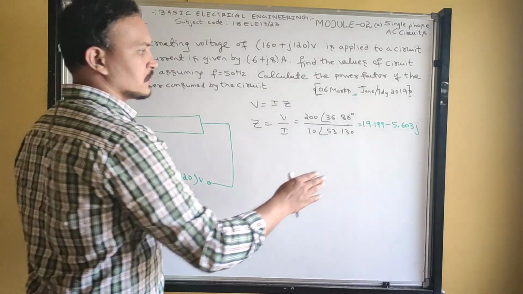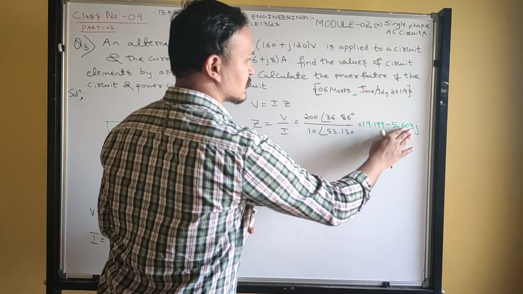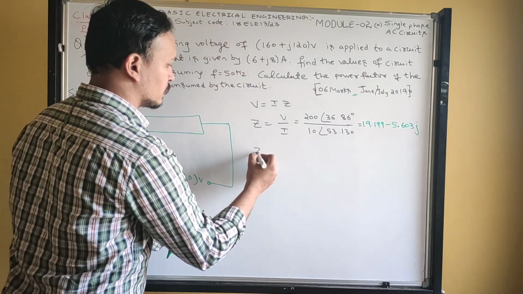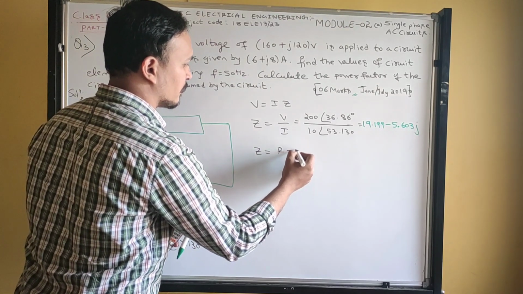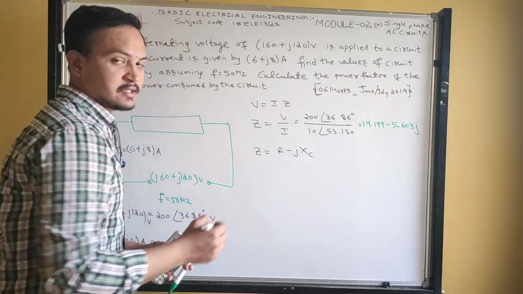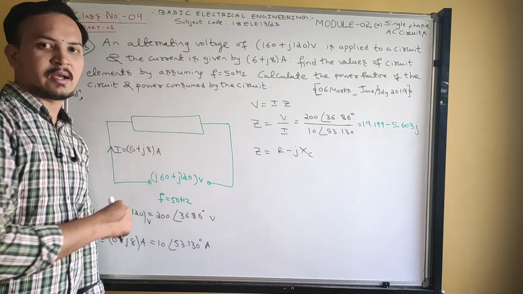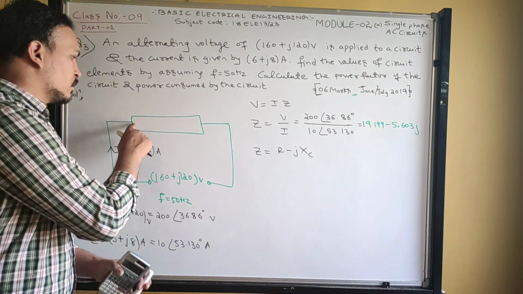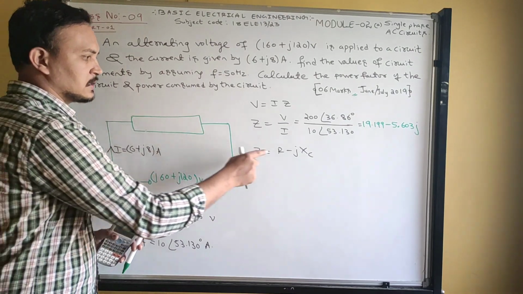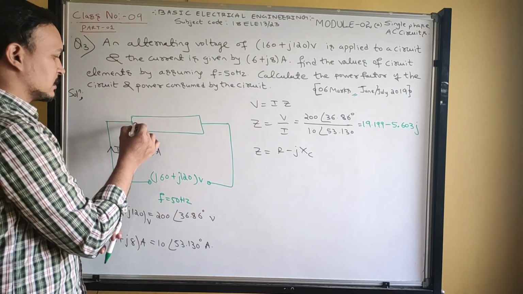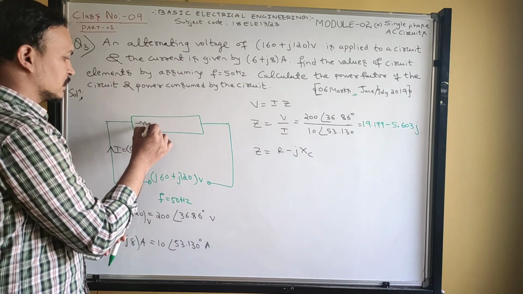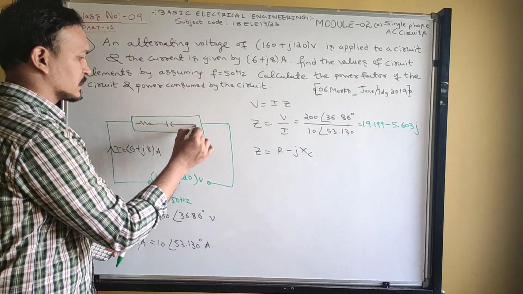This is the resistance value, and this is the capacitive reactance value. So we got the answer in the form R minus jXc. Whenever we have minus j, the circuit has capacitance. So the circuit has resistance and capacitance connected in series.